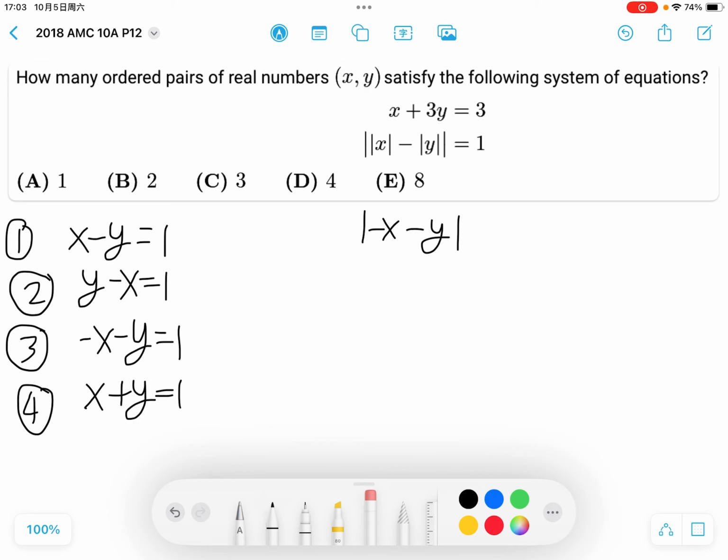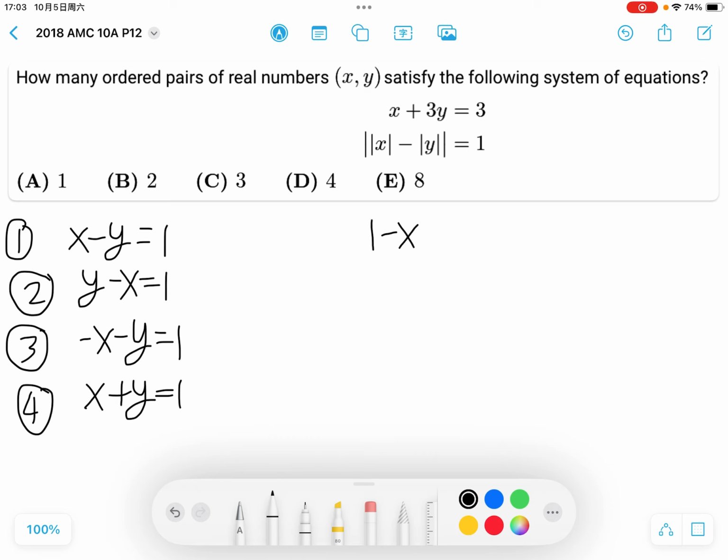Are there any more cases? Let's take another look. So what about y being negative and x being positive? Then we have x minus y, which is just x plus y, which is definitely positive, so we don't need the absolute value. So it's just x plus y equals 1. That's just case 4. Now what about both of these values being negative?